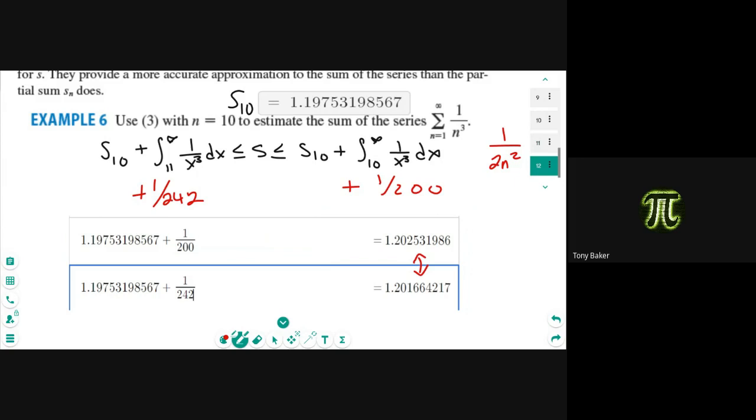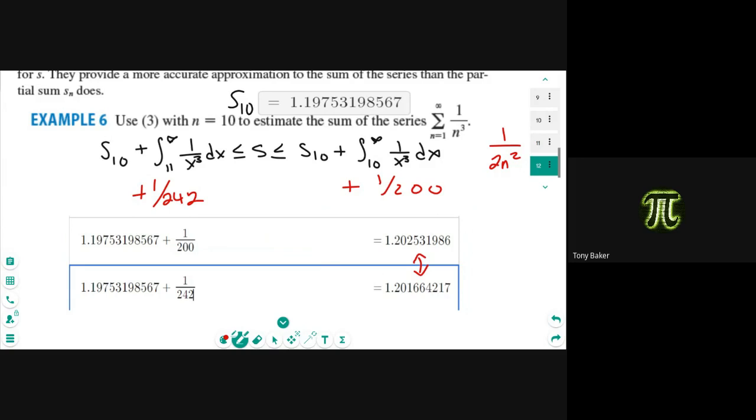I don't know exactly where it is between those two numbers, but I know it's somewhere between them. If you were going to look for a number between those two numbers, what would be the easiest number for you to look for?